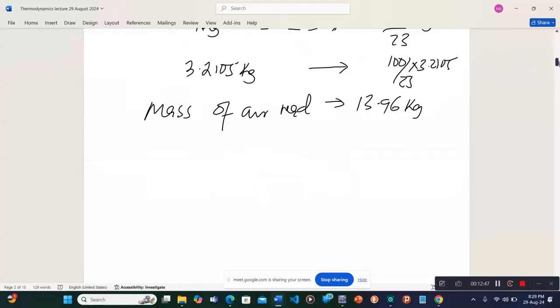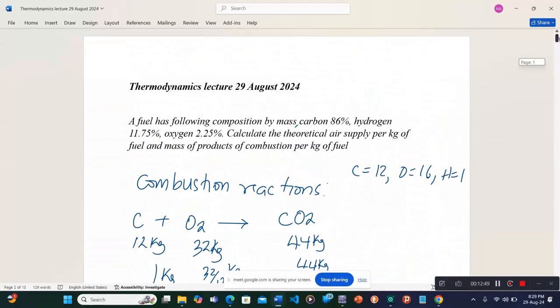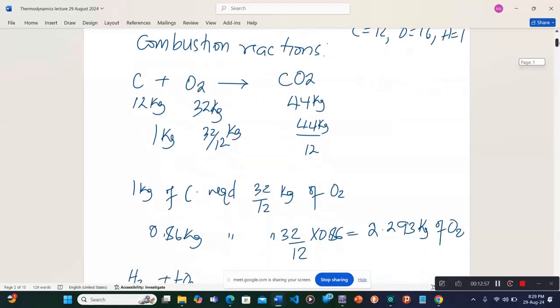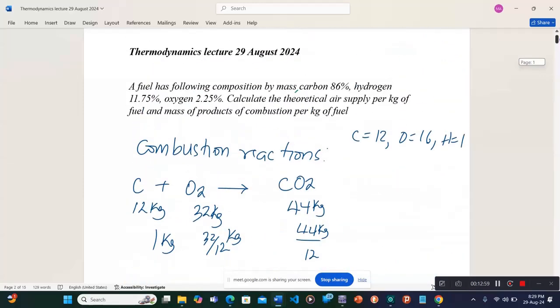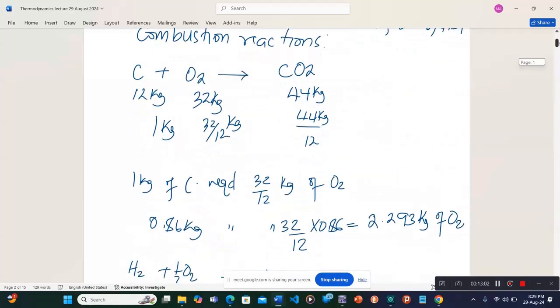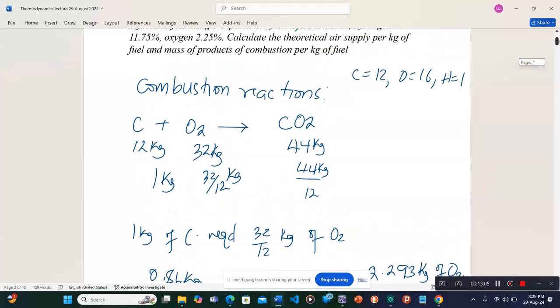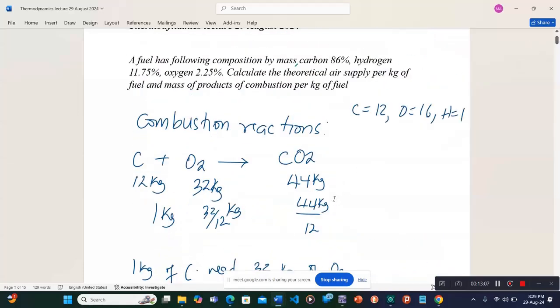Now the other question says we want the mass of products of combustion per kilogram of the fuel. So we need to look at, for example, the mass of carbon dioxide. The mass of carbon dioxide is 44 divided by 12 times how much carbon was burnt, which is 0.86.